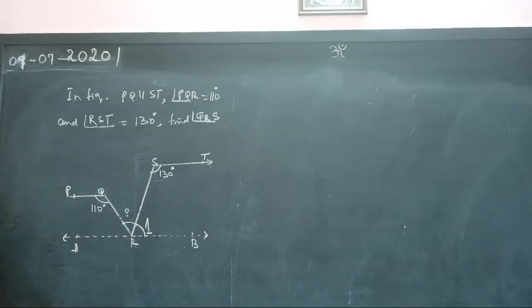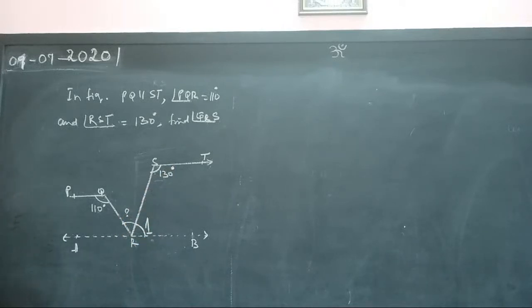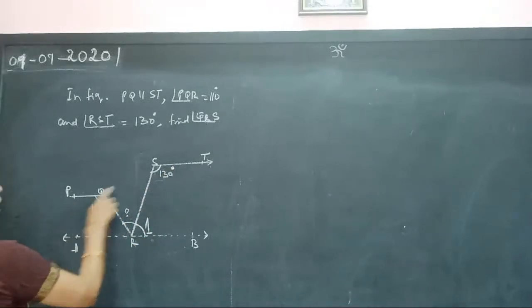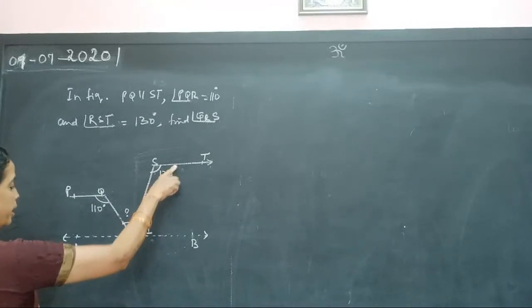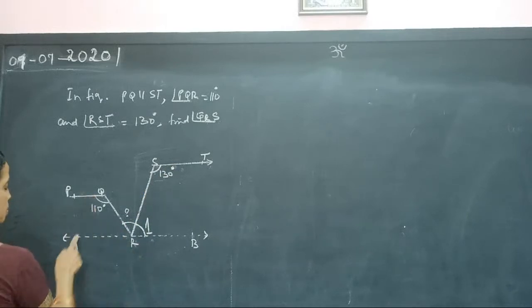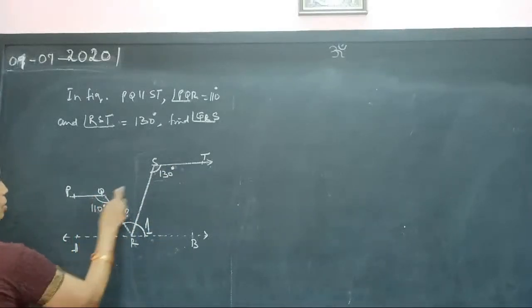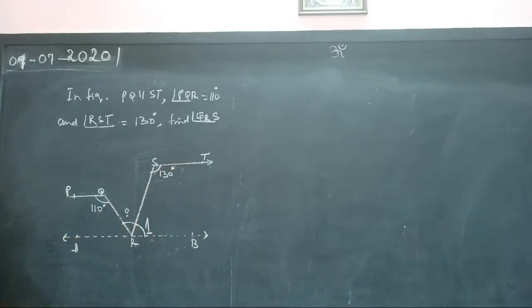Before that, we have to prove ST parallel to AB. That is, PQ is parallel to ST and PQ is parallel to AB, so ST is parallel to AB.